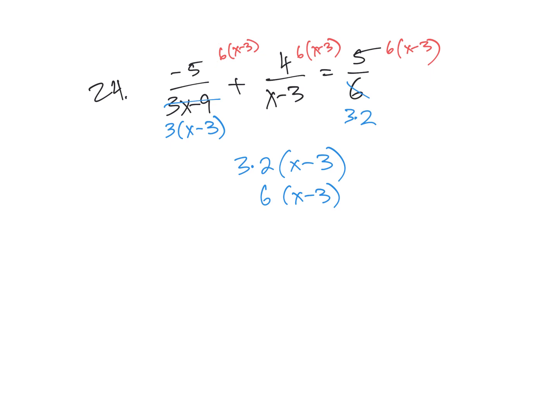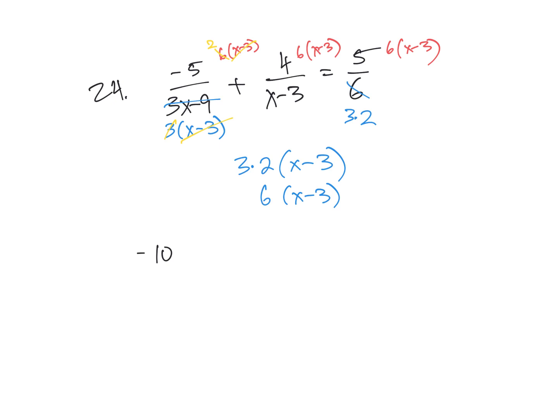All right. And what we get, the x minus 3 reduces out on the first one, and the 3 reduces with the 6, leaving 2. So now you have negative 5 times 2 is negative 10 all over 1. Fraction's gone. All right, I'll pause this. You guys finish it.